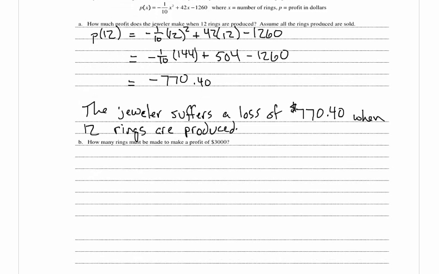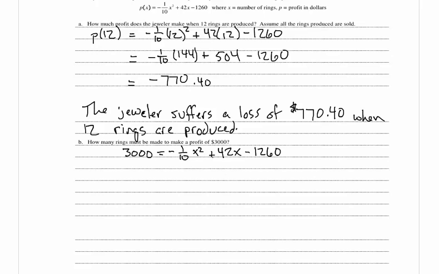In B, it says, how many rings must be made to make a profit of 3,000? If we want to know how many rings we need to produce in order to make a profit of 3,000, 3,000 is going to represent P of x, so we're going to say that 3,000 is equal to negative 1 over 10 x squared plus 42x minus 1260.